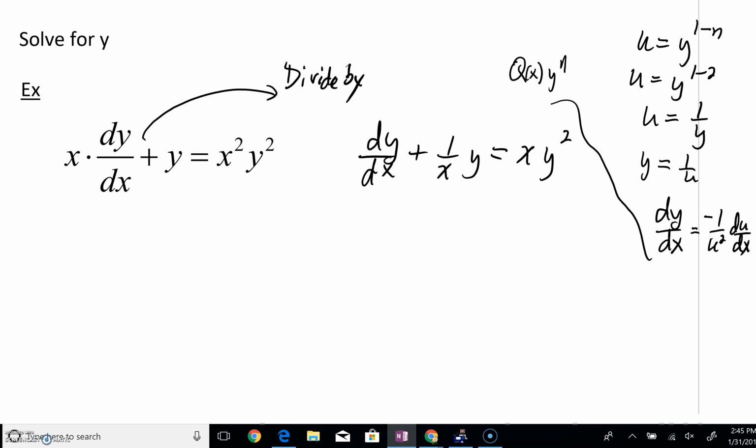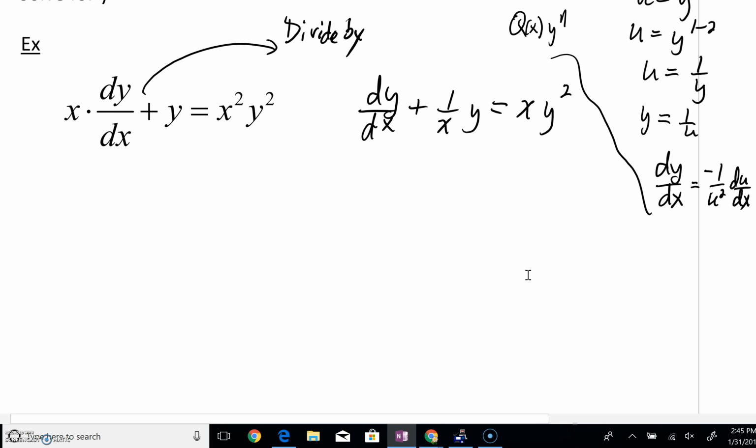So now what? Well, we're going to come back in and we're going to more or less say, look, wherever we have a dy dx, we're going to make that substitution right here. And likewise, wherever we just have a y, or even a y to the second power, we're going to make use of this other substitution as well.